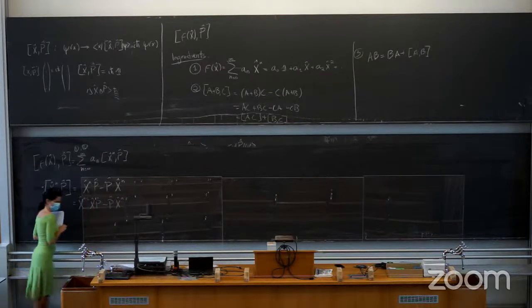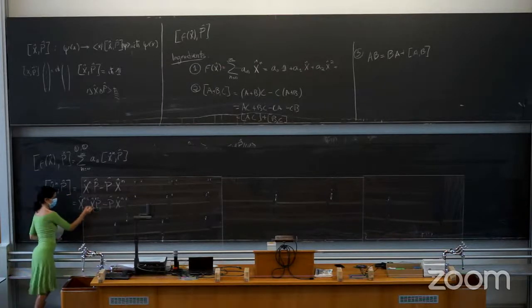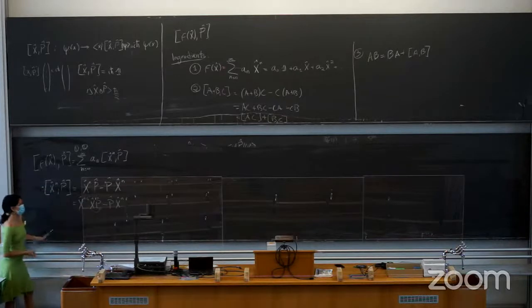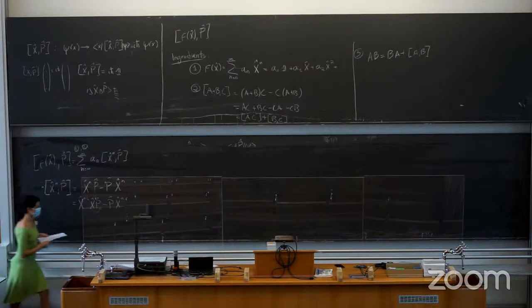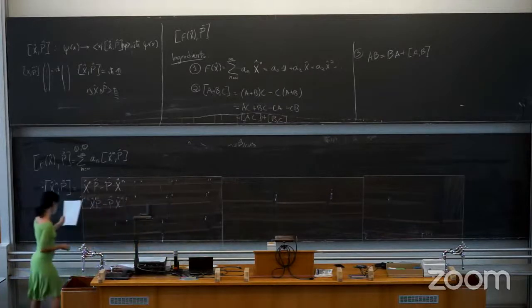We're going to bring first this x to the other side by using this equation 3. Then we're going to bring the next one, then the next one, then the next one. And you'll see that every time you get a constant term. I think we have time to do it, so let's do it.